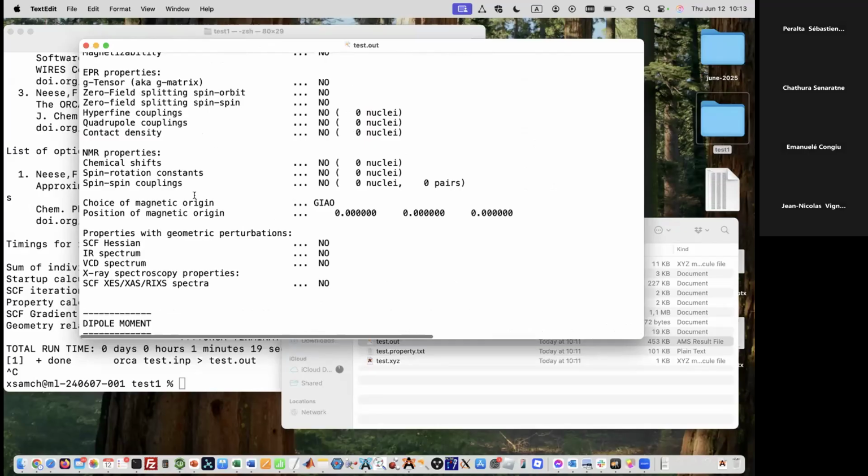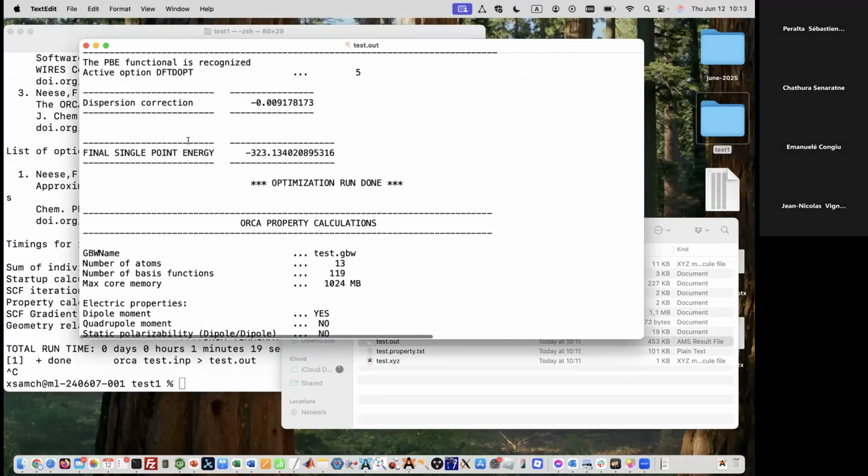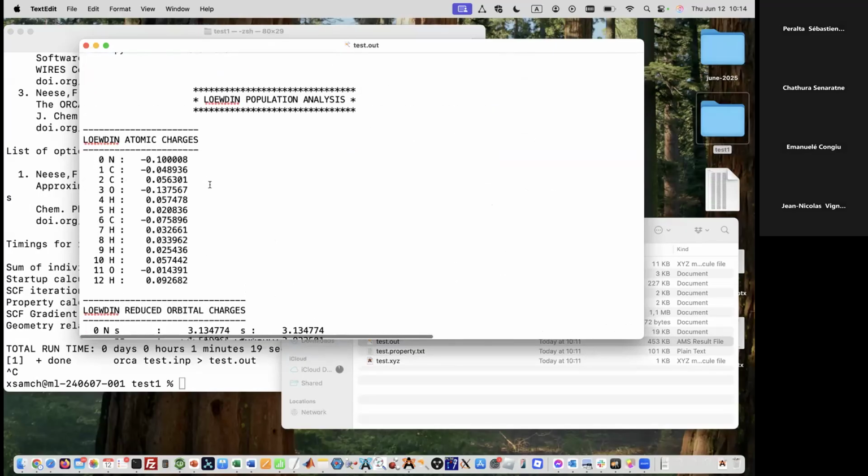And you can see the final energy. This is the final energy of your optimized structure, and it also computes some properties.